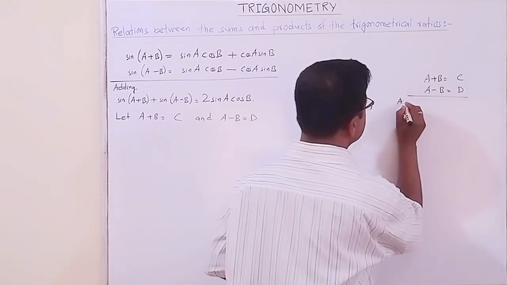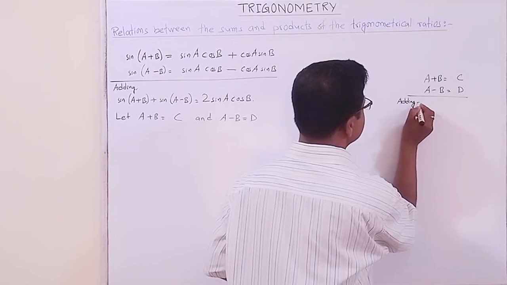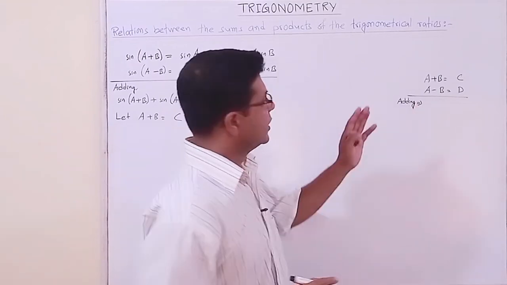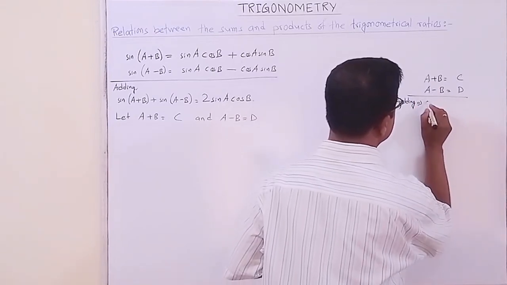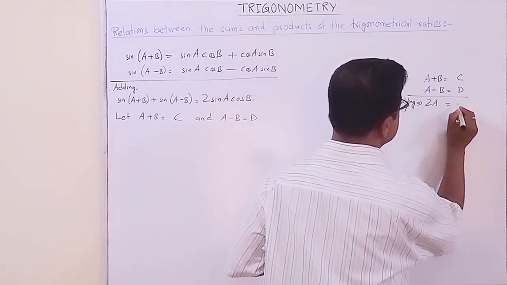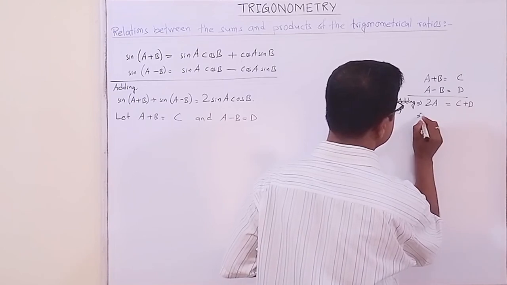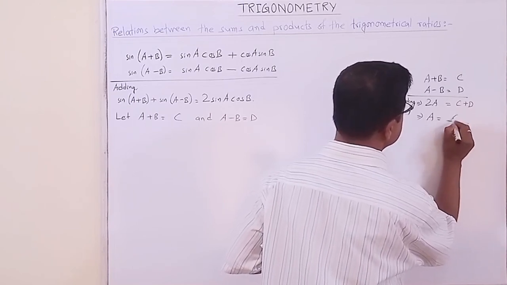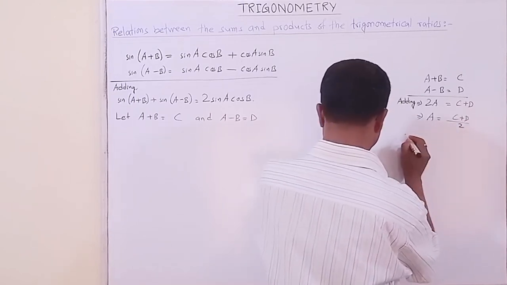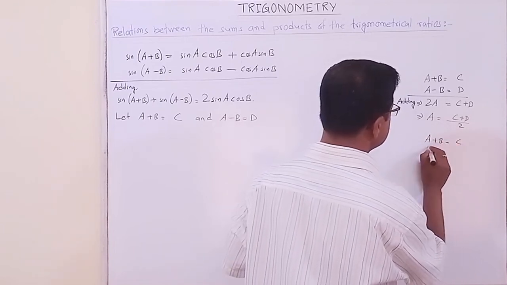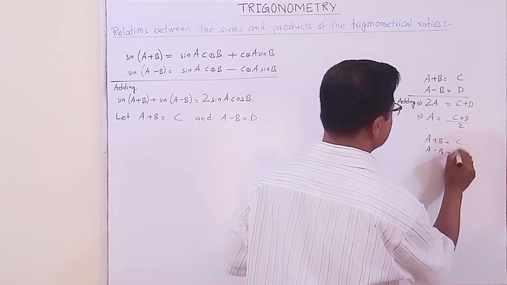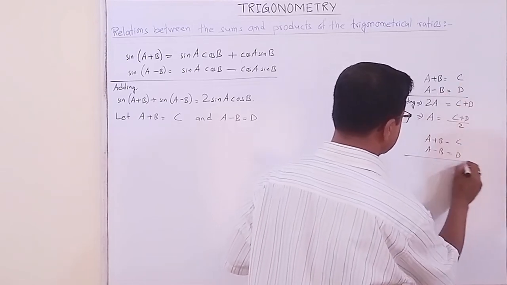Let us add, just like solving linear equations in two variables. If we add, a plus a is twice a, C plus D. So a is equal to (C+D)/2.